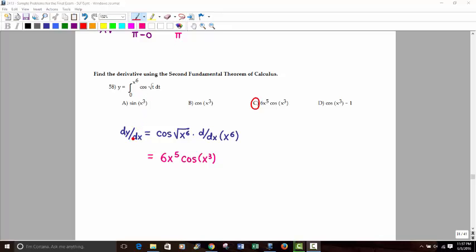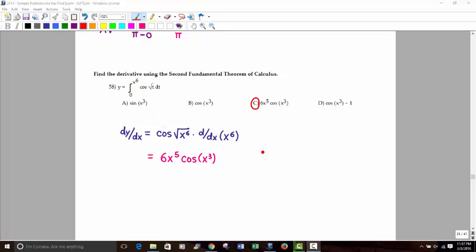But here, see, I wrote that as dy dx. Sometimes the book uses capital F for this or something, so it'd be f prime or whatever, but this is sufficient. So all you do is put the x to the 6 in there, so it'd be cosine of the square root of x to the 6, but then you must remember to take the derivative of that upper limit, x to the 6.